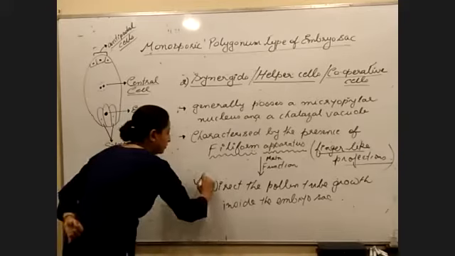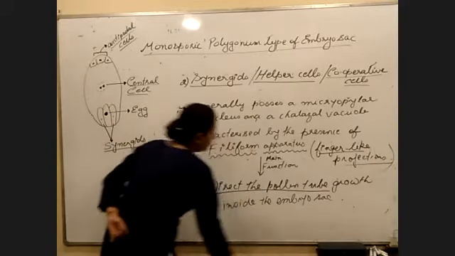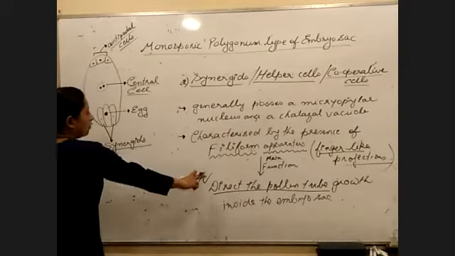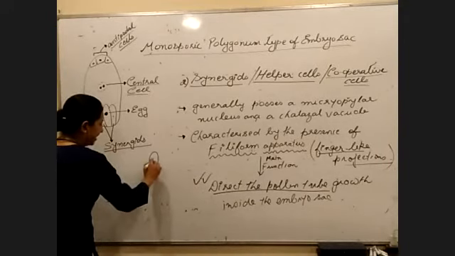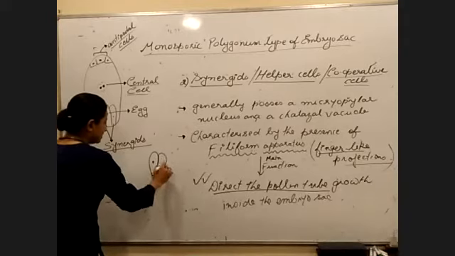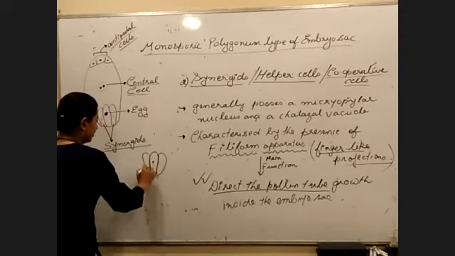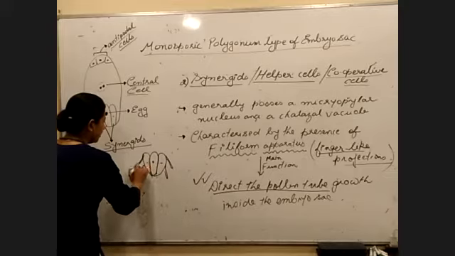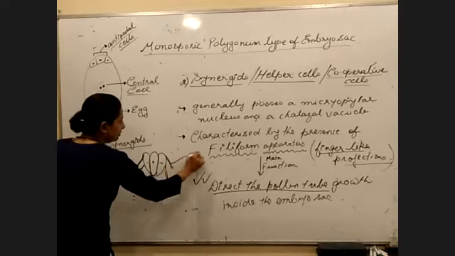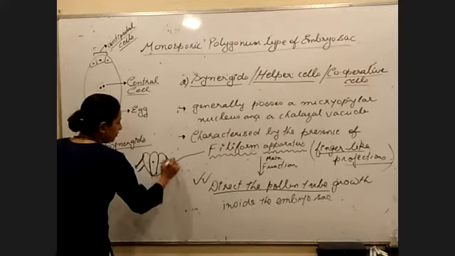So, it's important. If suppose we are talking about this as the egg, right? Here are the synergids. The synergids have finger-like projections, and this is the filiform apparatus.